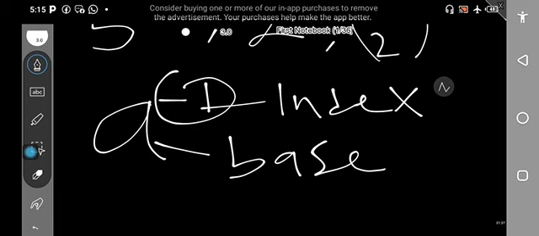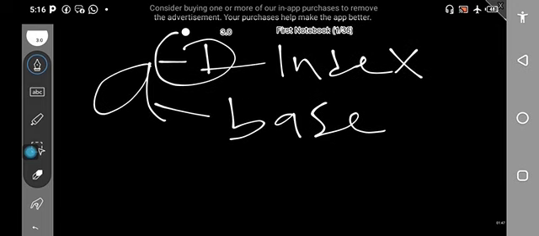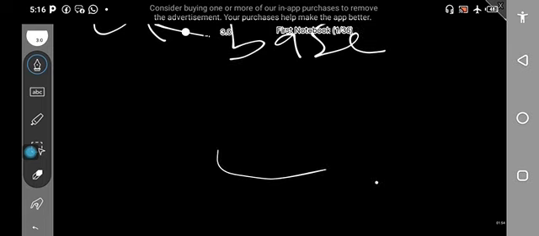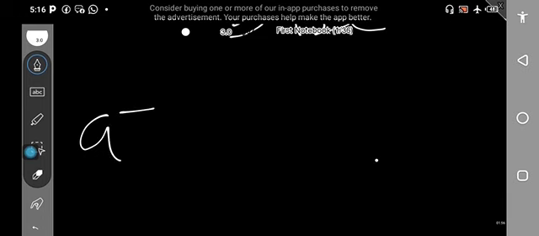A can be any positive or negative whole number. I'm going to consider A to be a positive or negative whole number only. So when we have A raised to the power of minus 1, how do we simplify this?